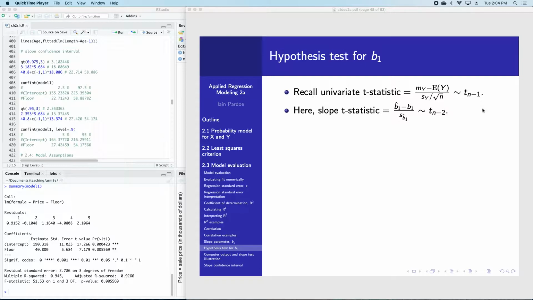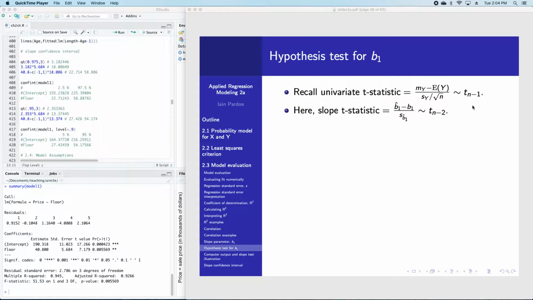We did that by calculating a t-statistic, which was the sample mean, y bar, minus the hypothesized mean, E of y, the value that's in the null hypothesis, and then we divide by the standard deviation divided by the square root of n, and we call this the standard error of the estimate. This test statistic under the null hypothesis has a t-distribution with n-1 degrees of freedom, n being the sample size.